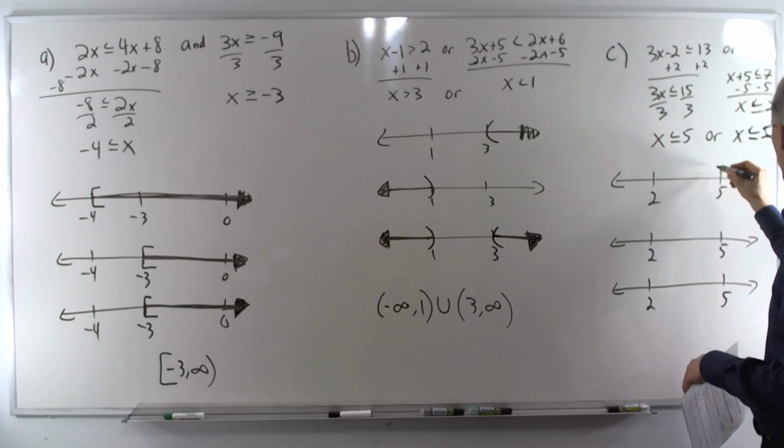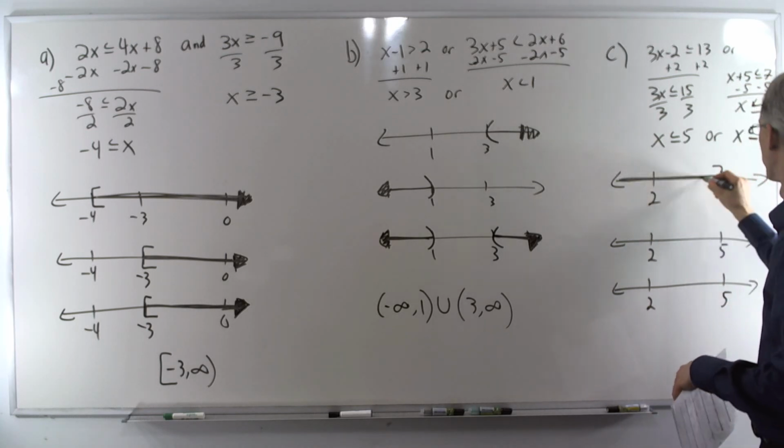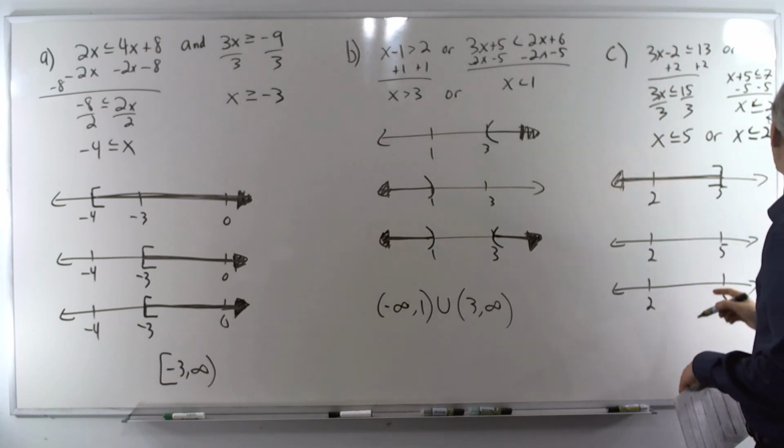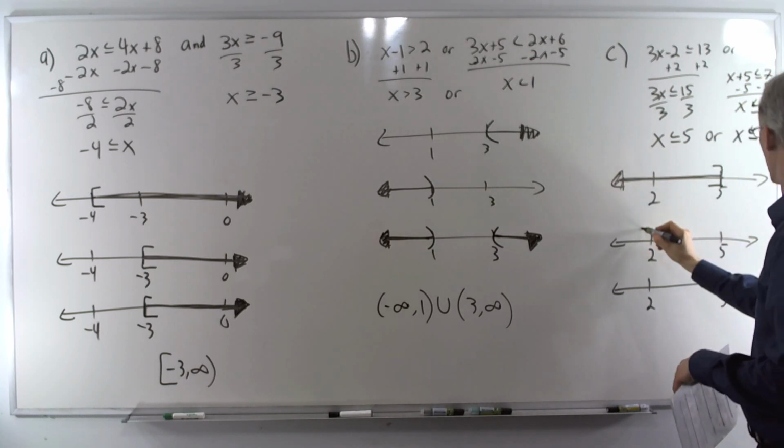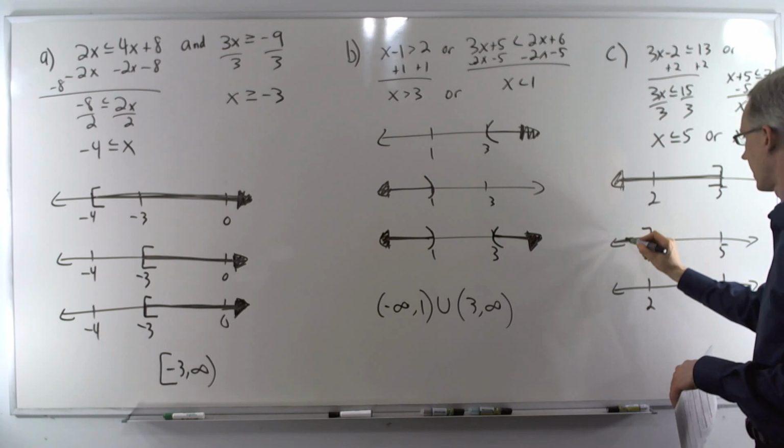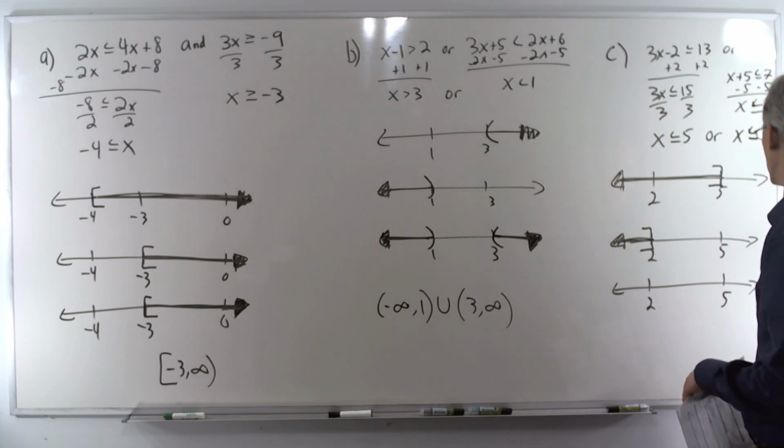So less than or equal to 5, we got a bracket here, go to the left. X less than or equal to 2, got a bracket here, going to the left.